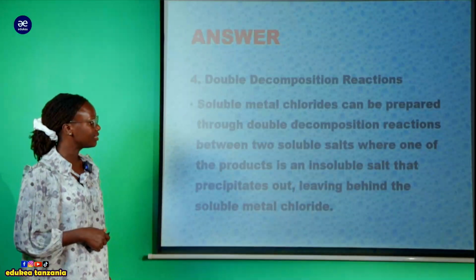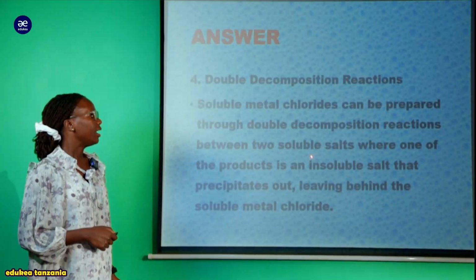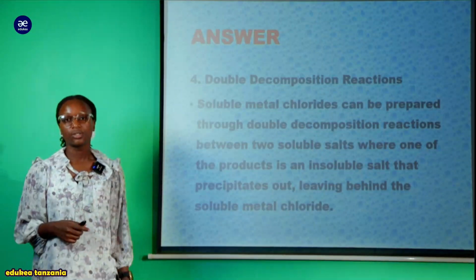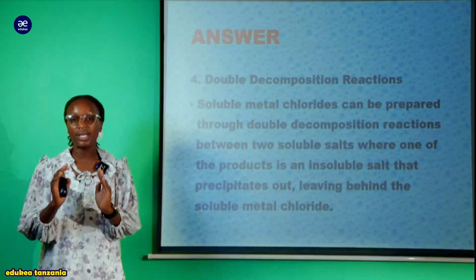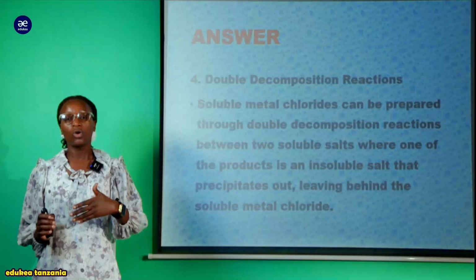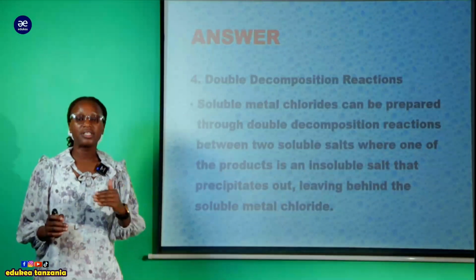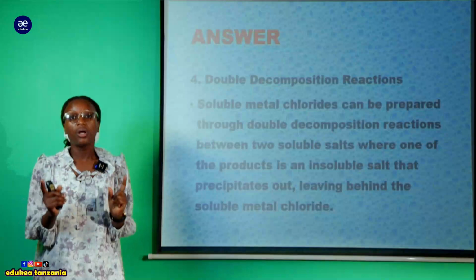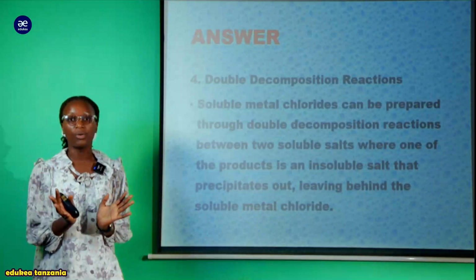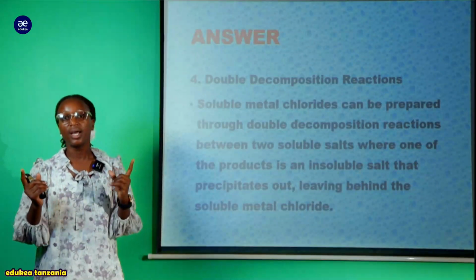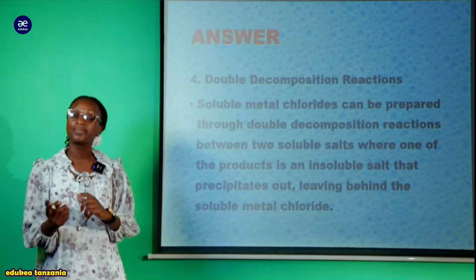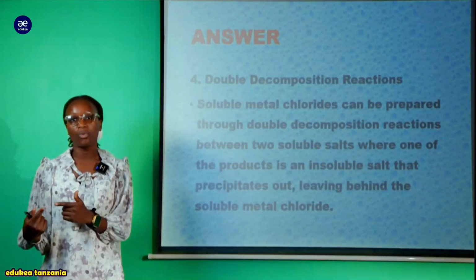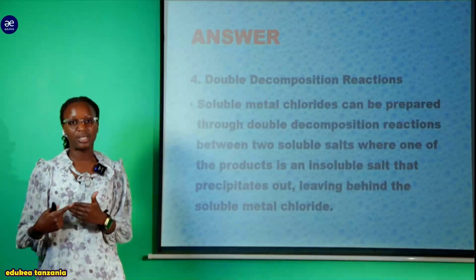So here the decomposition occurs between two soluble salts. If you remember the concept of double displacement reaction, both compounds are soluble, aqueous, but once they react, they displace each other, and we are going to have soluble as well as insoluble, because we must form the precipitate.